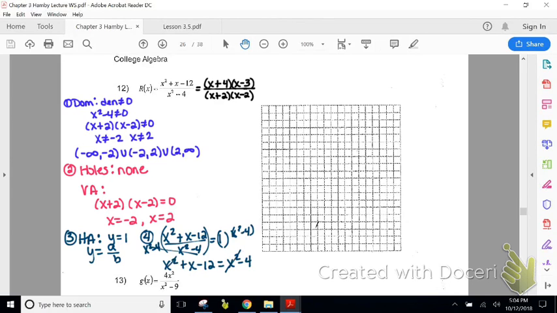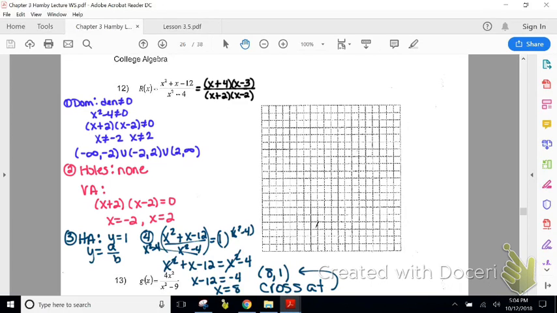My x squares will cancel when I subtract them over. So I have x minus 12 equals negative 4. Add the 12 and we get x equals 8. So we are going to cross this horizontal asymptote at the ordered pair 8, well, the horizontal asymptote is at y equals 1, so my y is going to be 1. So we will cross at that ordered pair.